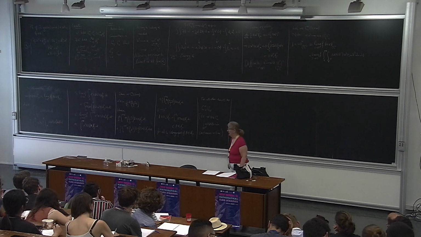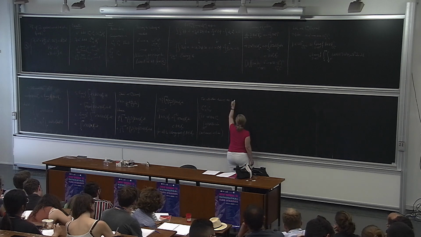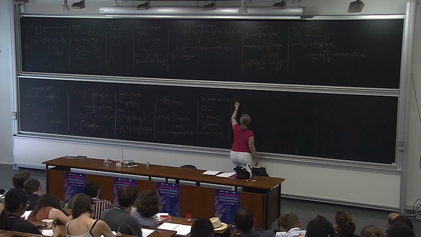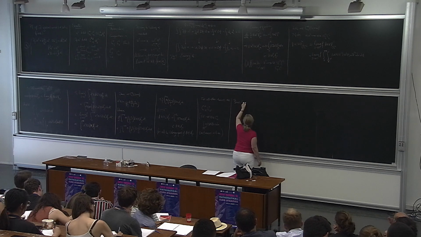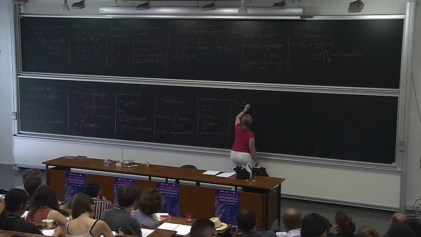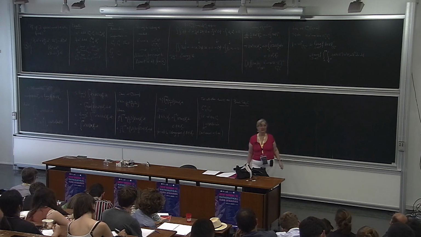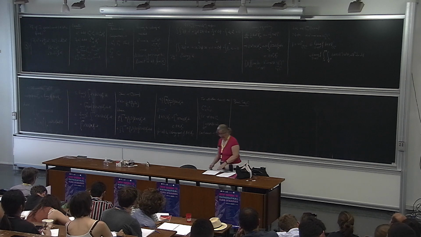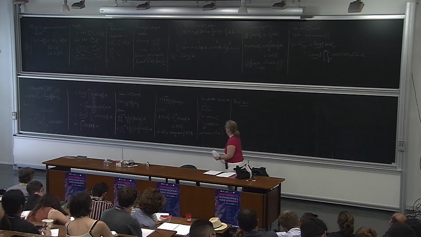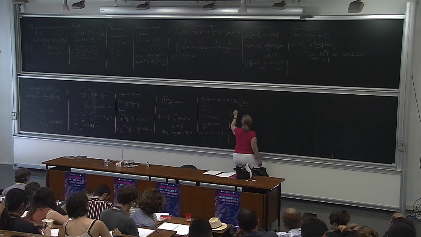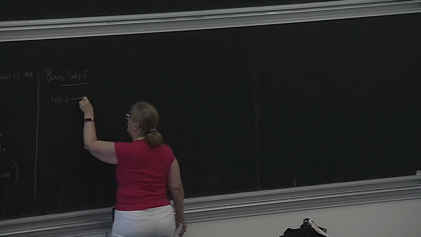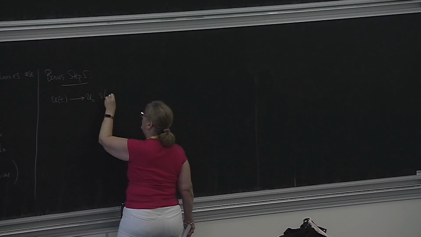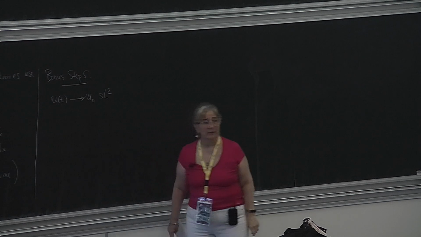And then we have a bonus. Bonus at 5, which is that actually the initial data is attained strongly. So in the case of t equals 0, we have U of t converges to U naught strongly in L2.